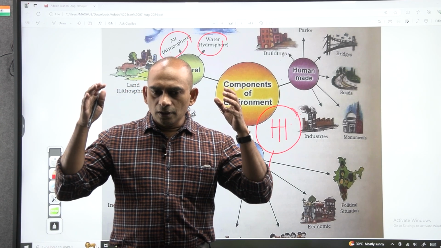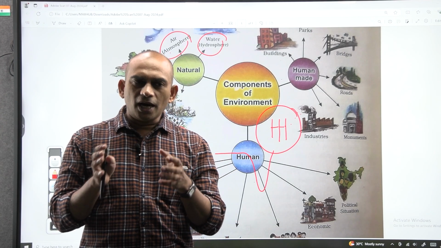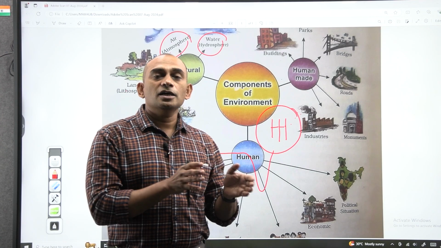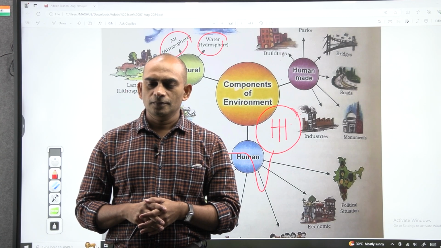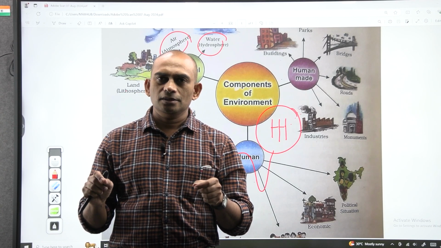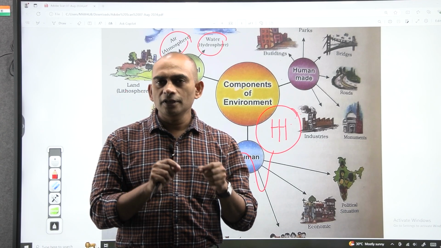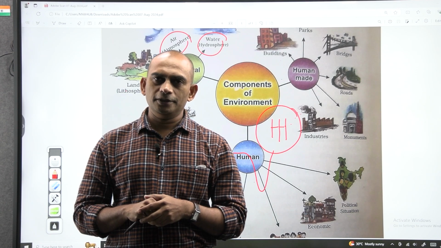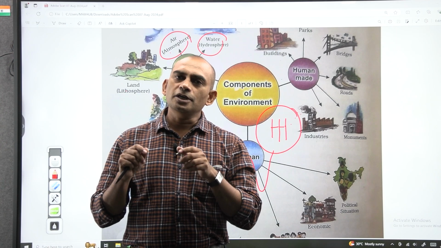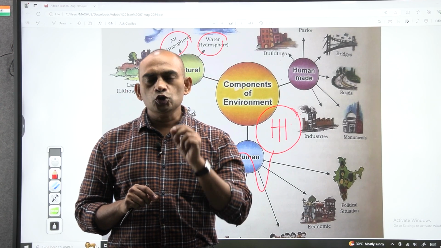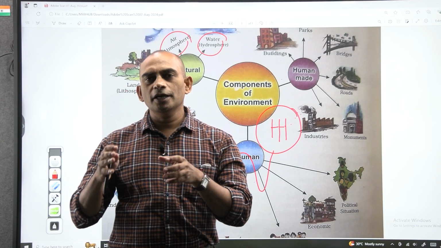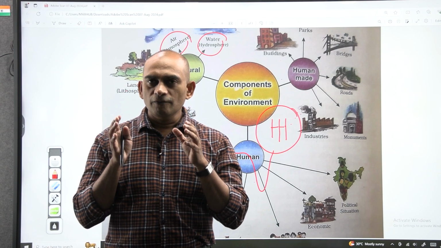So after all these things, we could understand that there must be a perfect balance between human and natural environment. That would definitely lead to a harmonious balance. That would definitely lead to sustainable development. When we talk about sustainable development, we generally tend to remember 5th June as World Environment Day. So why do we celebrate World Environment Day on 5th June?